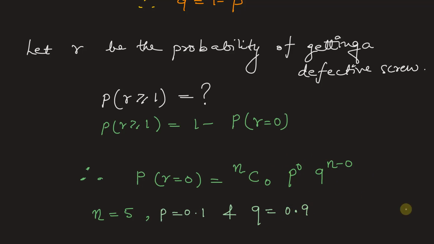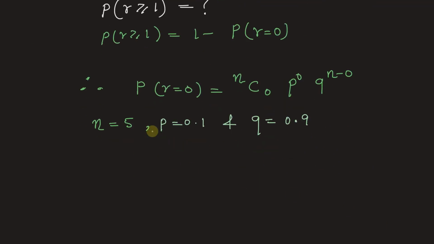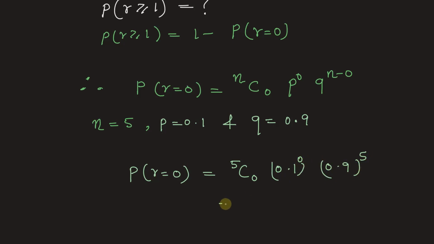Now using this probability distribution formula, we can write P of R equal to 0, that means 0 defective screws, will be equal to 5C0, 0.1 to the power of 0, and Q, which is 0.9, to the power of n, which is 5. So this will be equal to 0.5905.